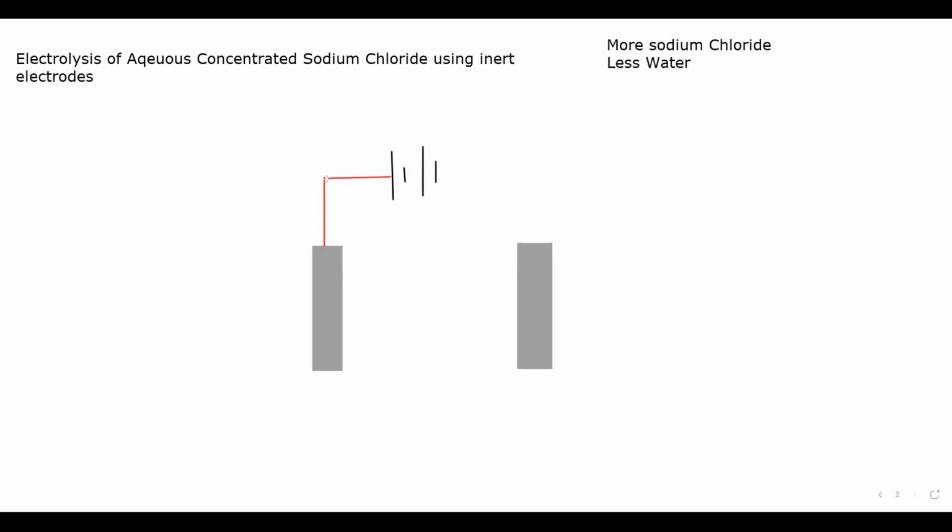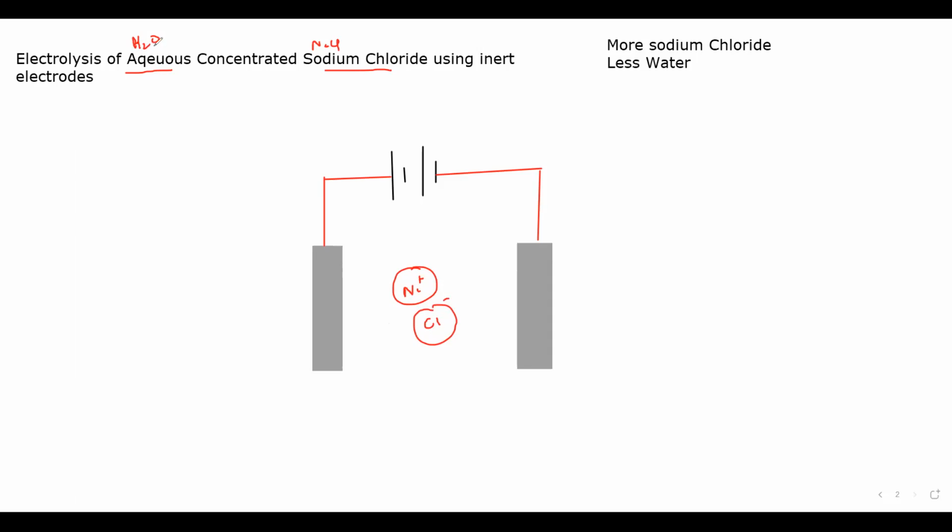When we dissolve the substance, it will dissociate or break down into ions. So what are the ions present in the mixture? It is sodium chloride and water. Aqueous means water is there, and sodium chloride is NaCl. The ions present in sodium chloride are a sodium ion and a chloride ion.